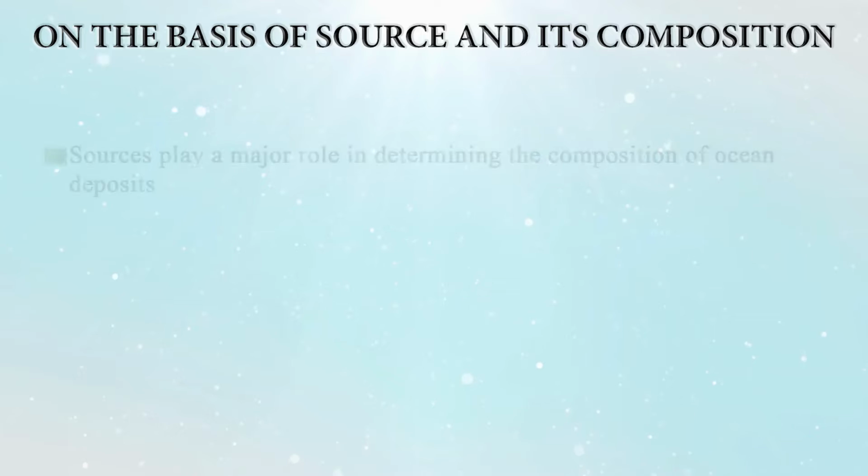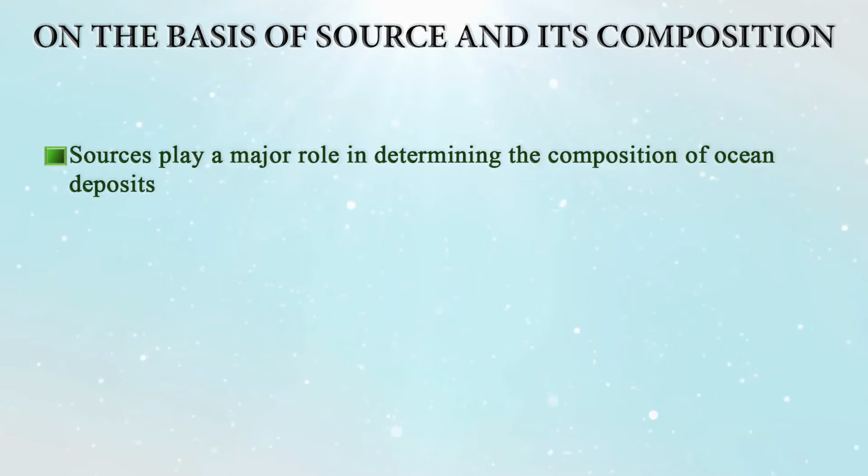Now let us study the ocean deposits on the basis of their source or composition. Sources play a major role in determining the composition of ocean deposits, and sources can be varied. So we will study in this type of classification the different sources from where the deposits come, and what their composition is.